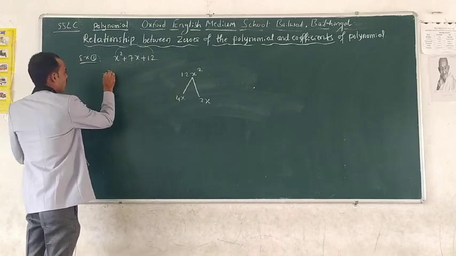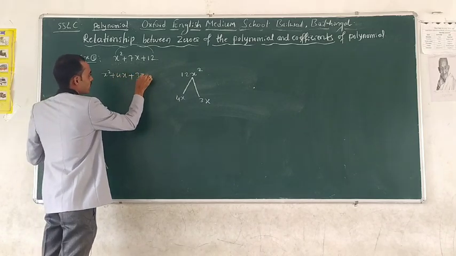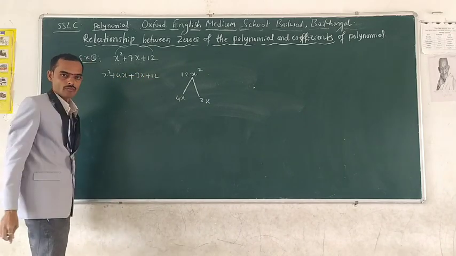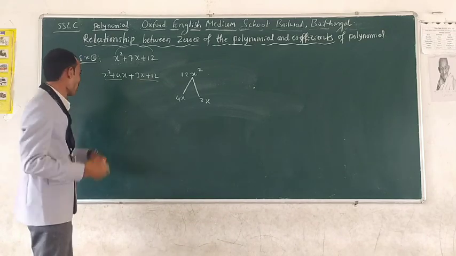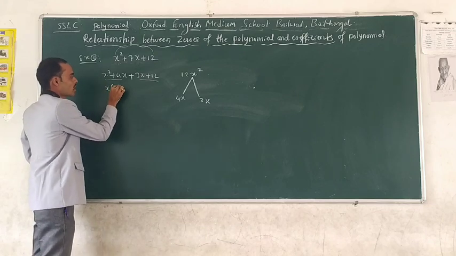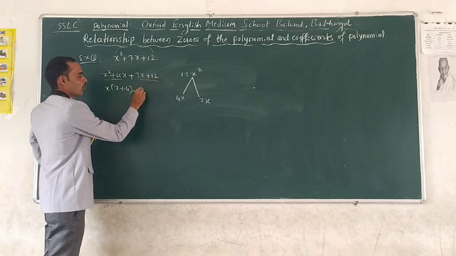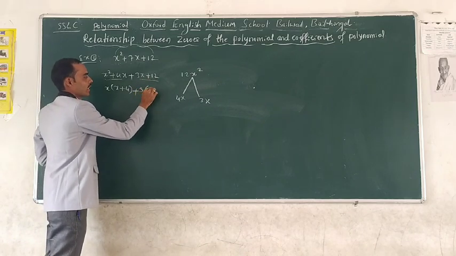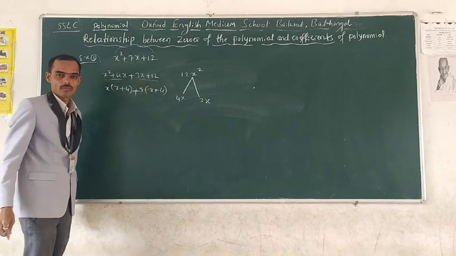x square plus 4x plus 3x plus 12. Make two groups. Take x common outside, x into bracket x plus 4, plus, here 3 is common, take it outside, 3 into x plus 4, 3 fours are 12.